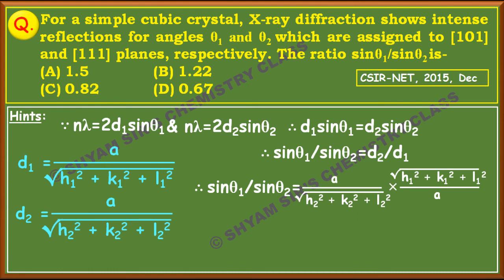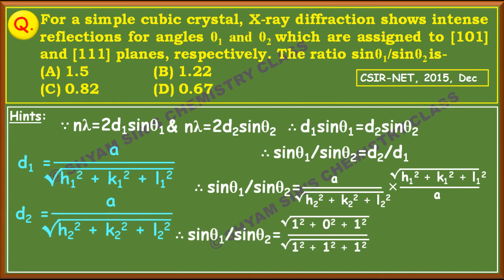Now sin theta 1 by sin theta 2 becomes root over of 1 square plus 0 square plus 1 square, since we are given that h1 k1 l1 is 101 and h2 k2 l2 is 111. So if you put these values, it becomes root 2 by root 3, and you know the value of root 2 is 1.414 and root 3 is 1.732.